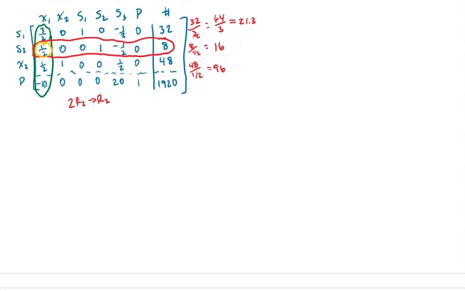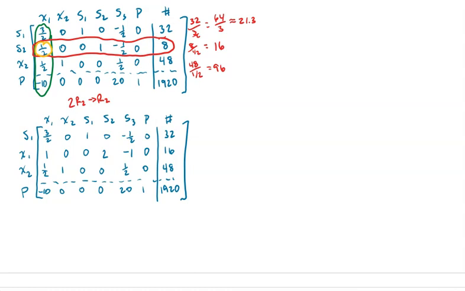So if we go ahead and do that operation now, here will be our next tableau. And don't forget that we did change out our entering and exiting variables along the way as well. So don't forget to do that part. Alright, we have our 1, which means we need the zeros above and below it.